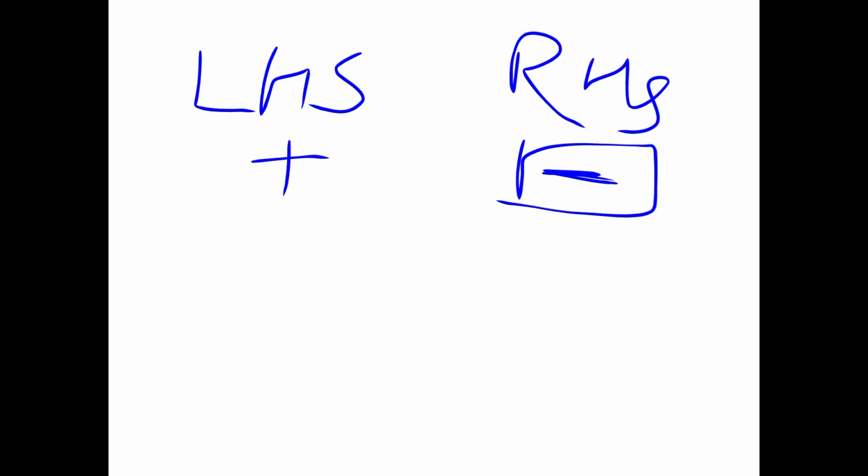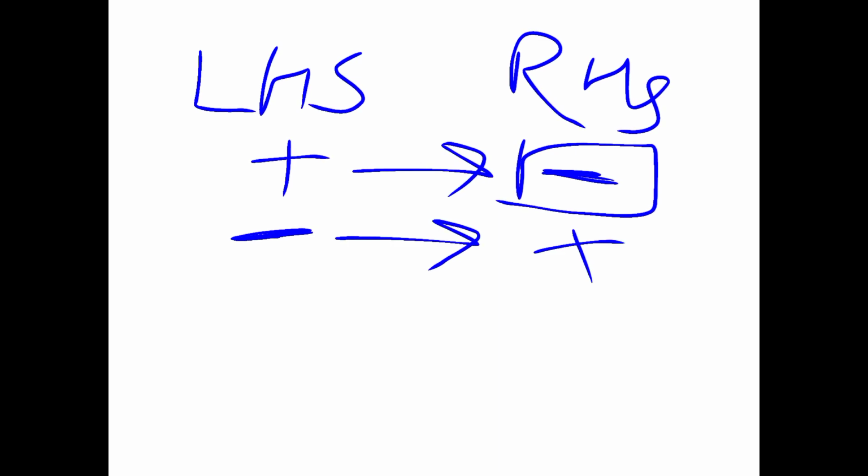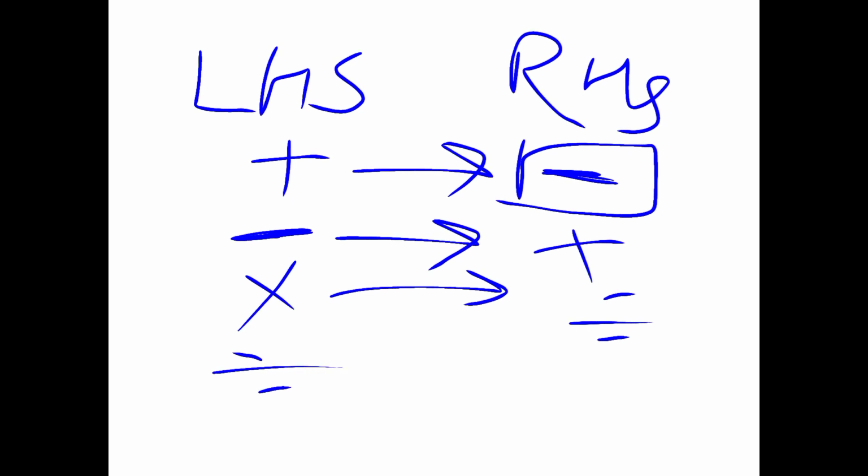On the LHS, if the number is in subtraction, when transferred to the RHS it is added. Now if the number is in multiplication on the LHS, when transferred it is divided. If it is divided on the LHS, when transferred it is multiplied, right?